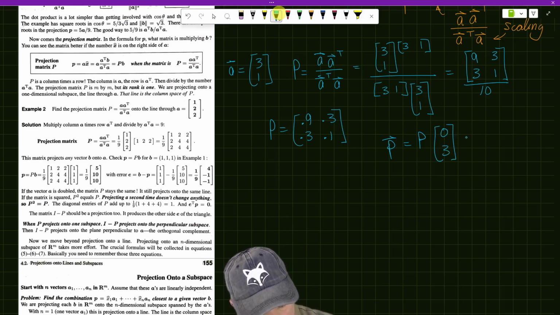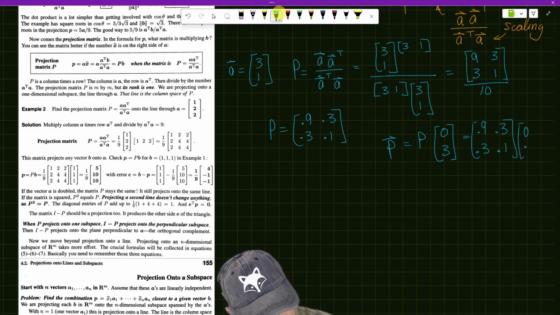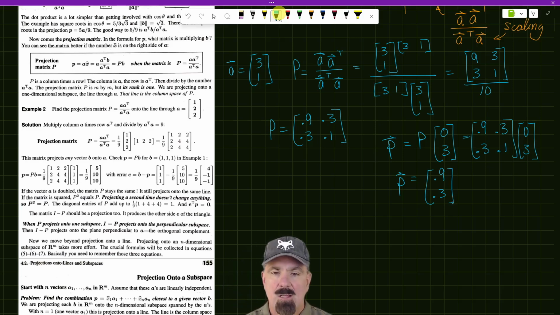So we have 0.9, 0.3, 0.3, 0.1 multiplied times 0, 3, and you can see very easily that this is going to be equal to 0.9, 0.3. That is our vector, which for us is the black vector.